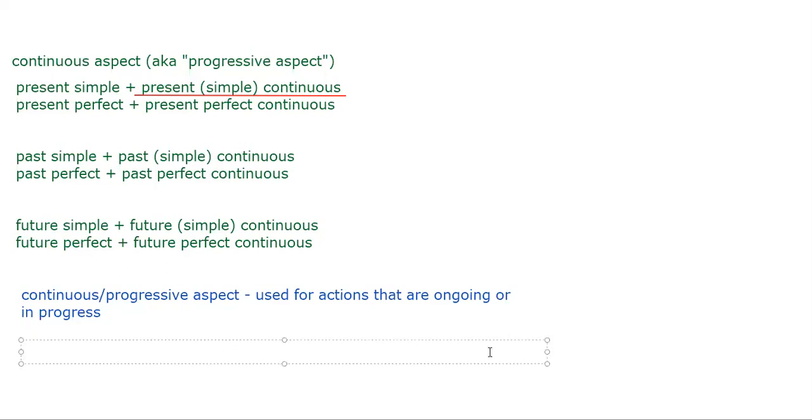So let's talk about the present simple continuous. Let's say I work tomorrow. No, let's say I'm working on an assignment.